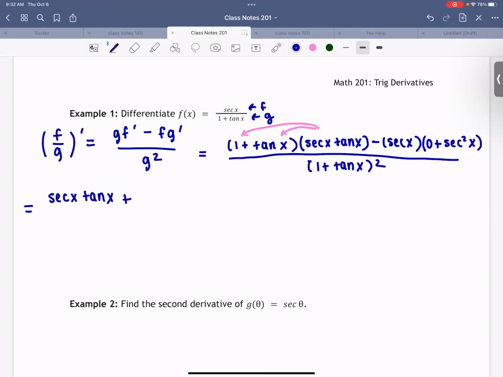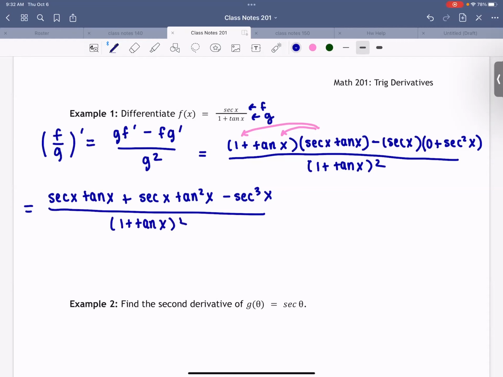What's tangent times secant tangent? Secant x tangent squared x. And then secant x times secant squared would be secant cubed x, all over 1 plus tangent x squared. Okay, that's fine for a test or quiz.